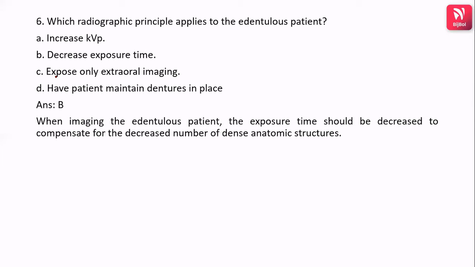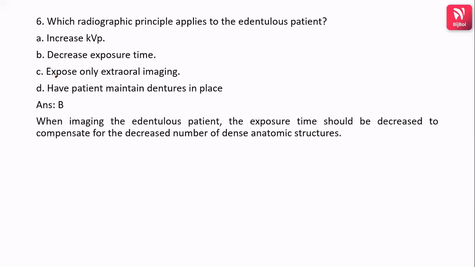Moving to the next one, which radiographic principle applies to the edentulous patient? So it's telling the patient is edentulous, and which radiographic principle can be applied to this? Increase KVP settings, decrease exposure time, expose only extraoral imaging, have patient maintain dentures in place. So basically, the edentulous patient doesn't have any teeth.